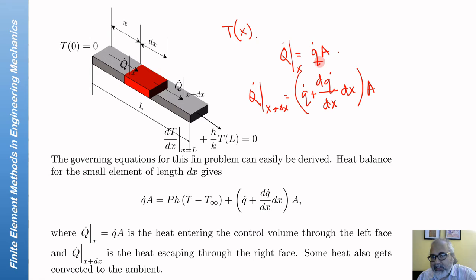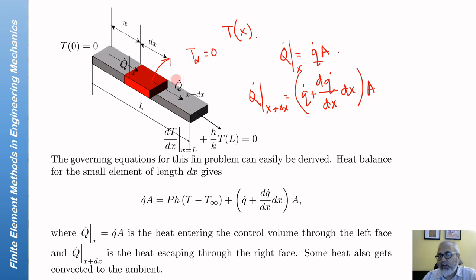So this is the heat entering through the left, this is the heat leaving through the right, and on top of that there is heat convecting away from the body. Convection generally depends on the difference in temperature between the wall and the atmosphere, but the atmosphere we have taken to be at T infinity equal to 0, and it's one dimensional heat transfer.